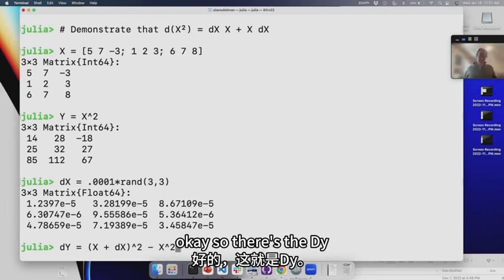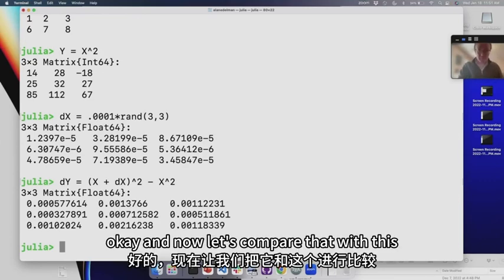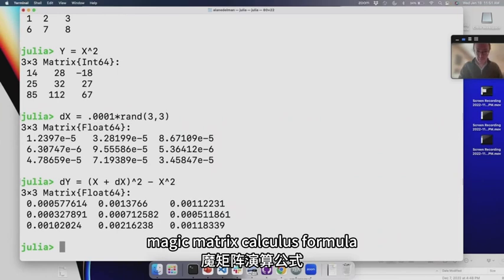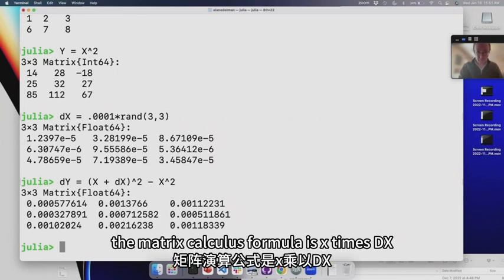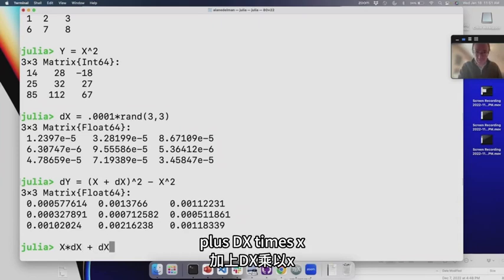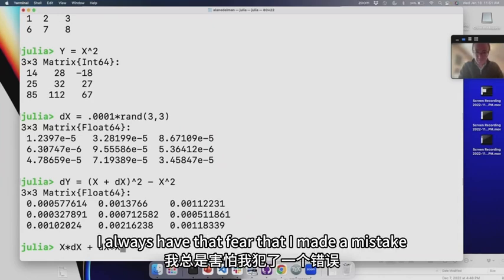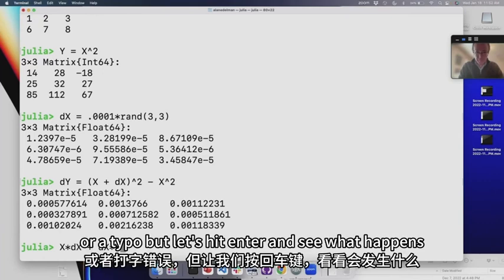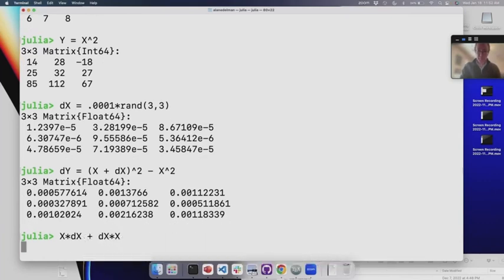Okay, so there's the dy. Okay, and now let's compare that with this magic matrix calculus formula. The matrix calculus formula is x times dx plus dx times x. And you know, this is where I always have that fear that I made a mistake or a typo, but let's hit enter and see what happens.